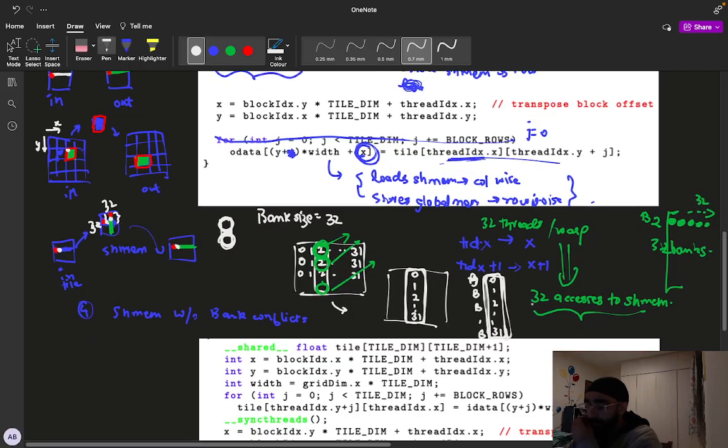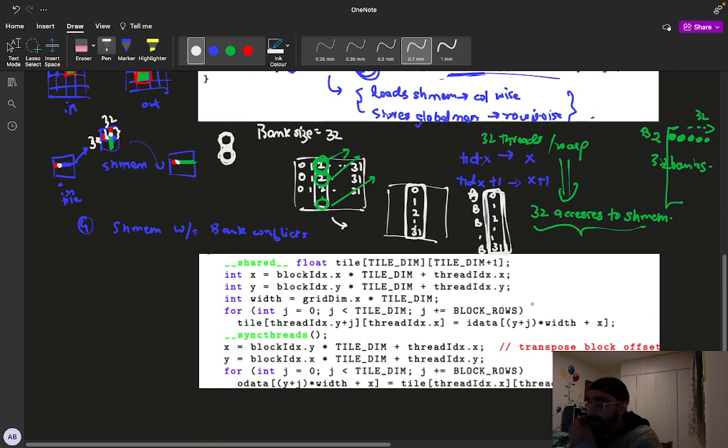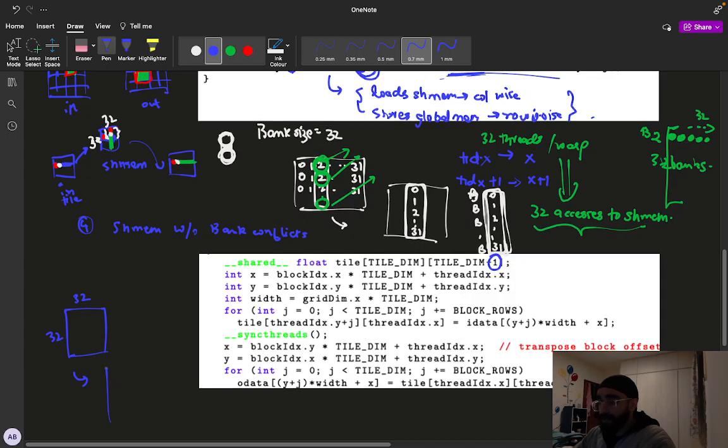Okay. And the way we do this is nothing fancy. We just add a 1 here, which means that instead of the shared memory being perfectly 32 cross 32, it is now 32 cross 33.